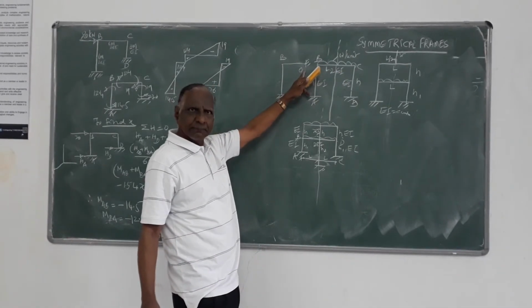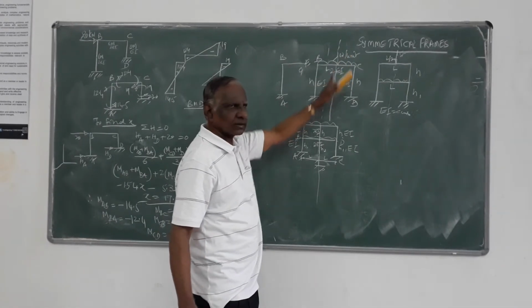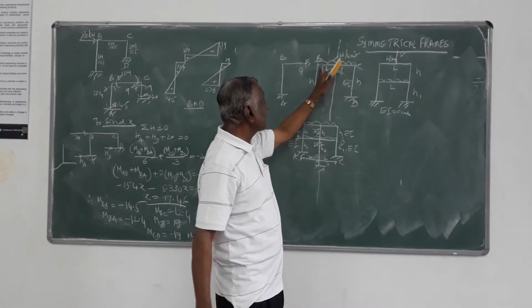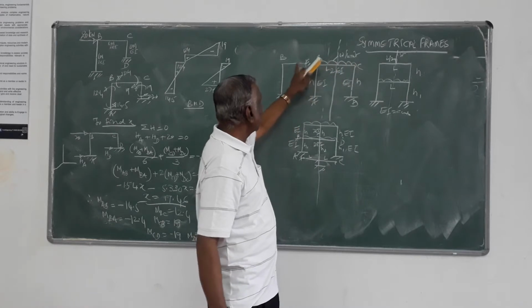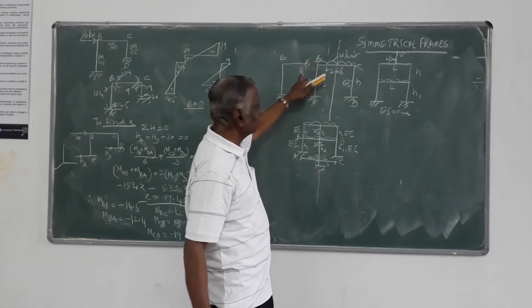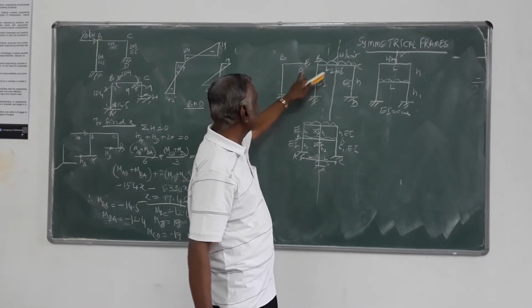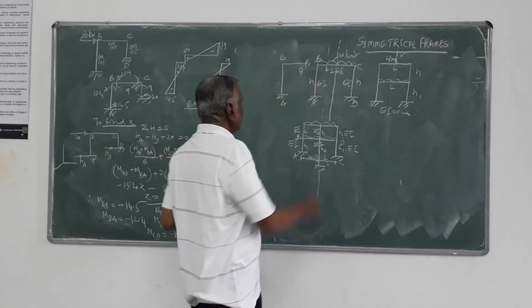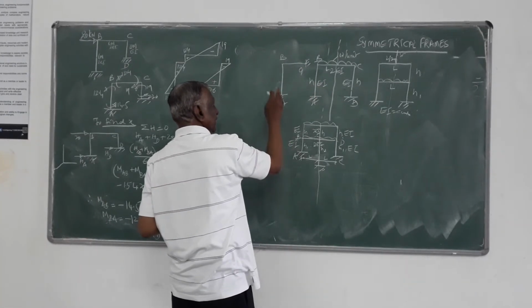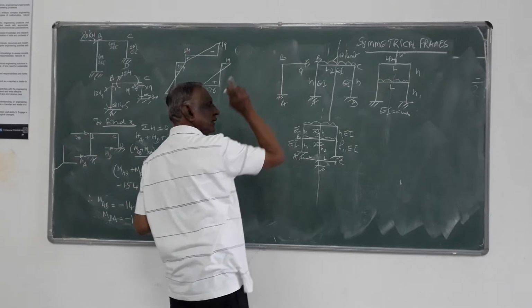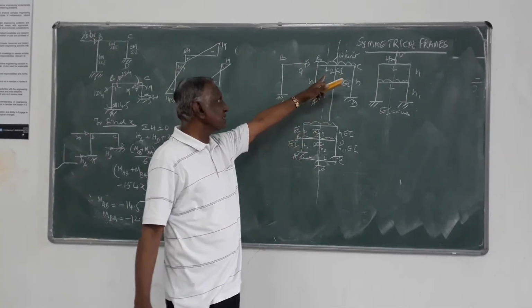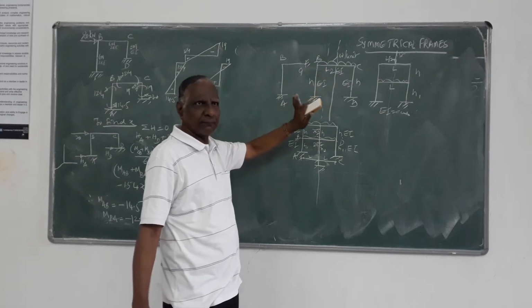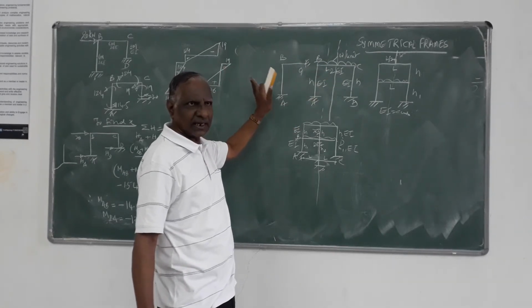This is a dummy point which lies on that particular line. This line cuts the member of the given frame, and that point on the cut member you call C1. You can do the analysis only for joint AB, and joint C1 you need not consider, and finish off the analysis.